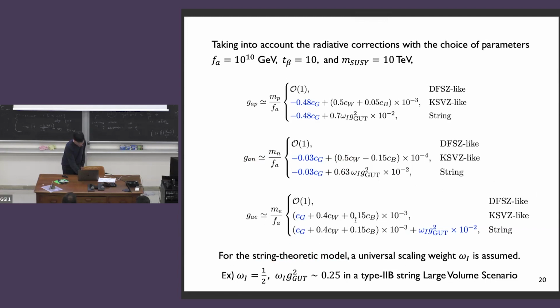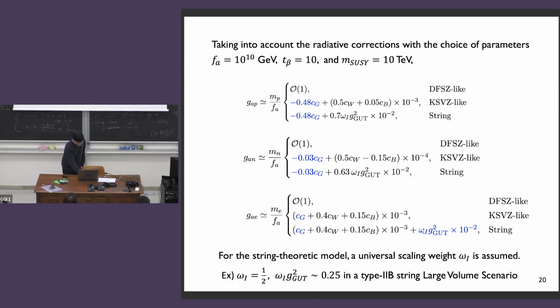Here for axion electron coupling, this is the contribution from the axion gauge boson interaction, and this is a contribution from the tree-level axion electron coupling that exists in string theory. Actually, numerically they can be quite comparable because this gluon coupling is quite large. So to determine the prediction, this relative sign is important.